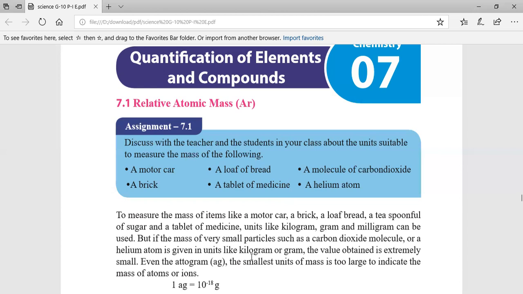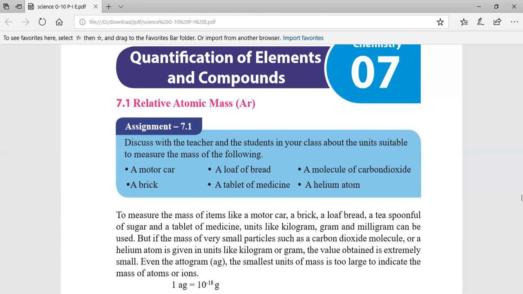Some have certain masses. A motor car, a brick, a loaf of bread, a tablespoon of medicine are measured in kilograms, grams, and milligrams.